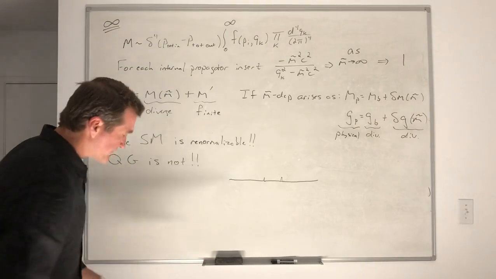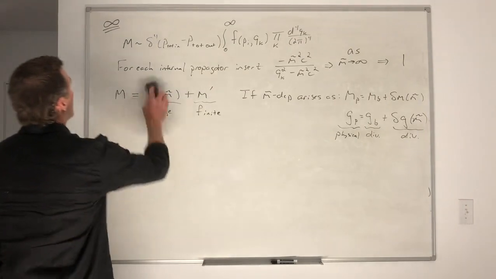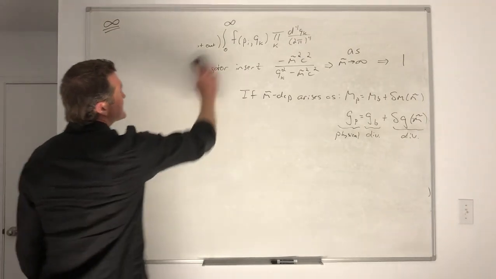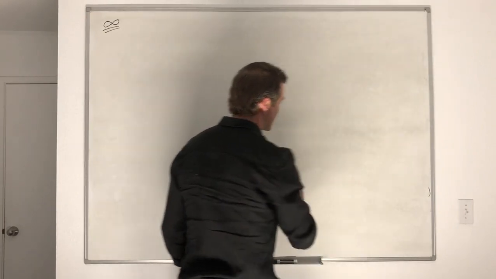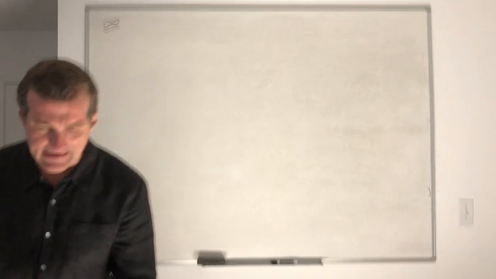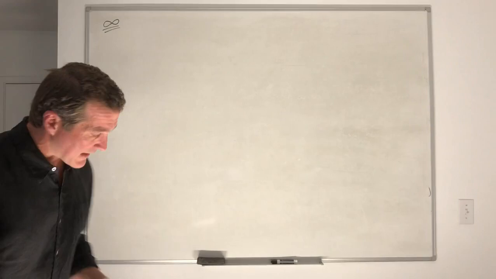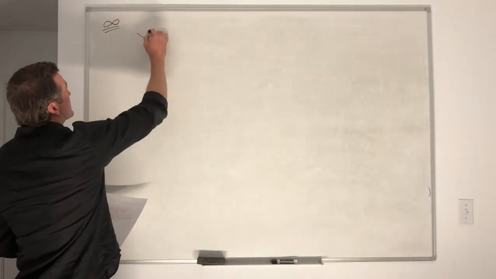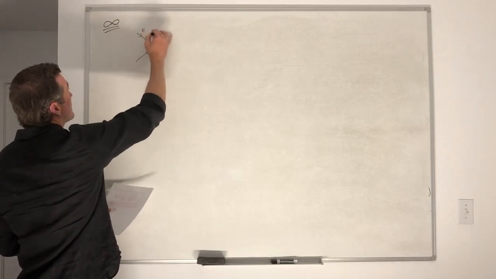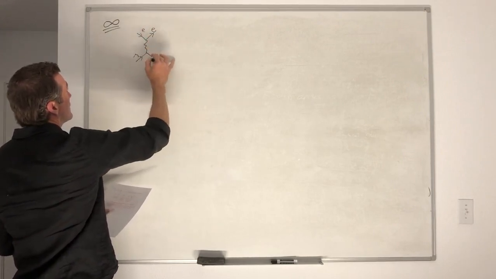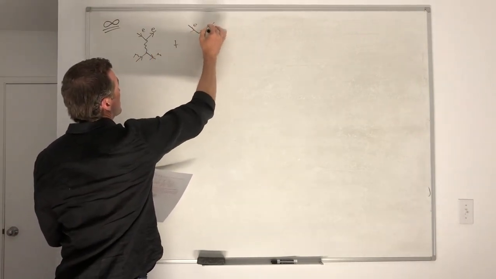So that's a rough review of the process of regularization and renormalization, and what we really want to do today is take that somewhere. But beforehand, I've got to clarify something that we talked about last time. Last time when we were talking about electron-muon scattering, we really only wanted to focus on this fourth order diagram.